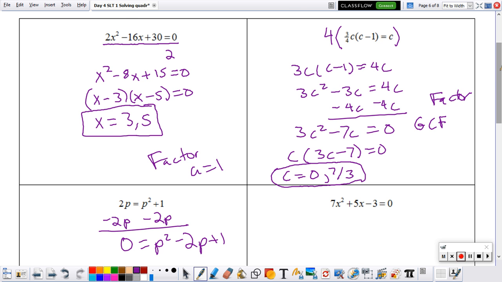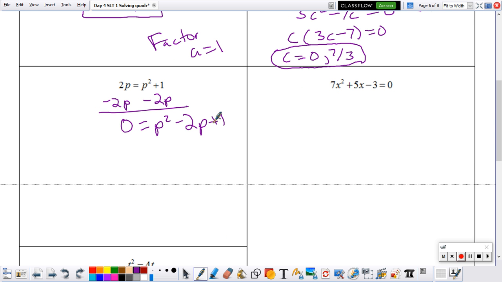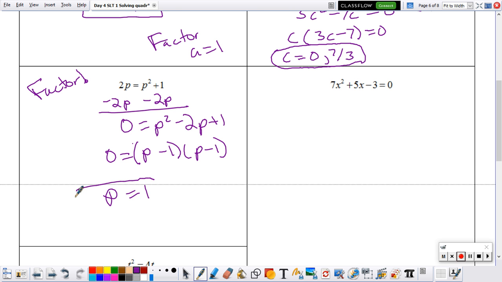So now I look at this guy again. Obviously, I'm not using square roots. Can I factor it? Yes, I can. Again, yay! What adds to -2 and multiplies to 1? -1 and -1. So I don't need to write it twice. P equals 1.